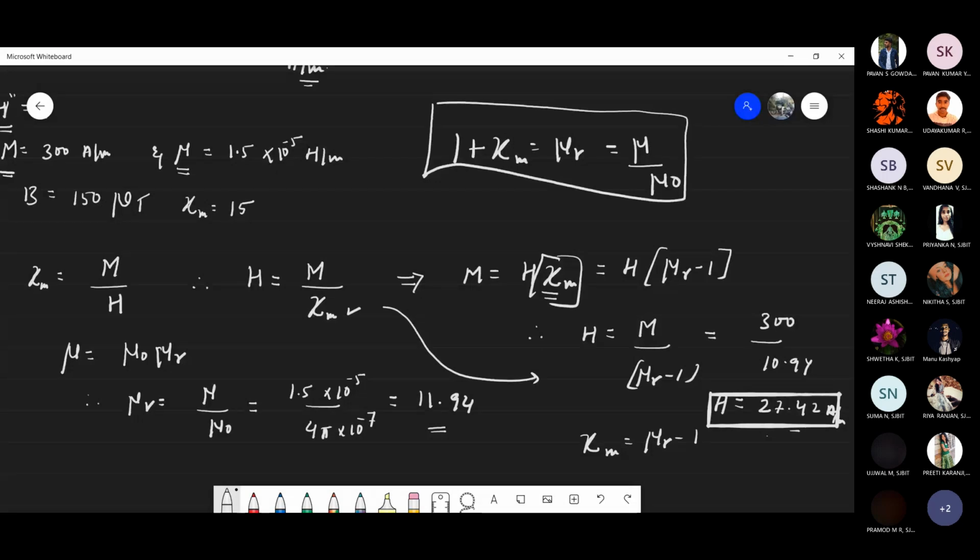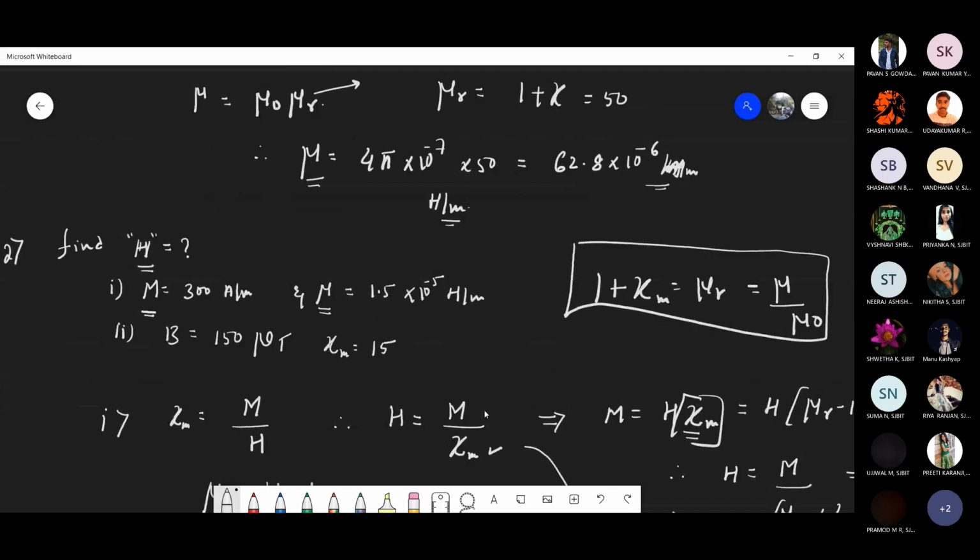So how are you going to find the solution for the second sub question? B is given and psi is given. So what is H equal to?